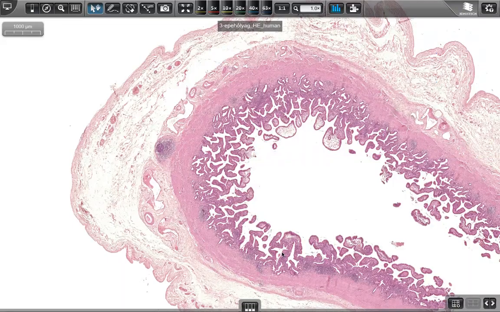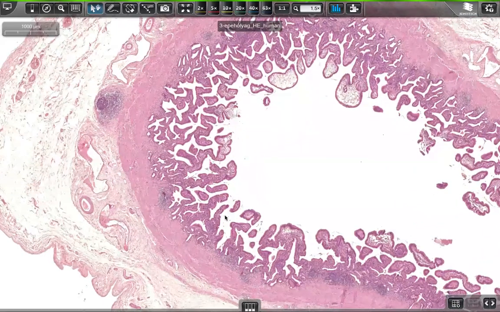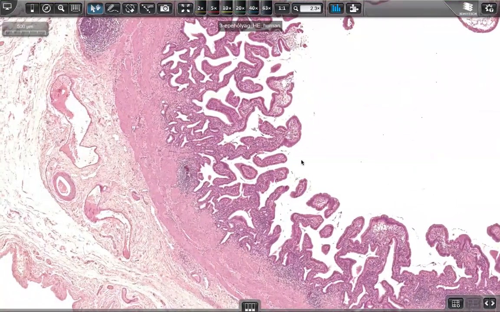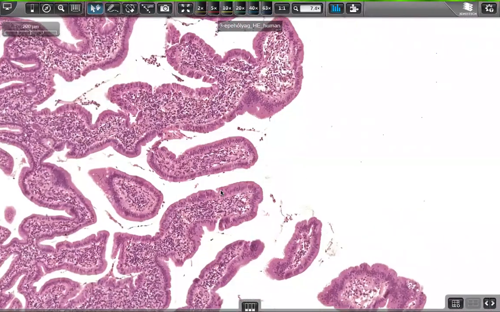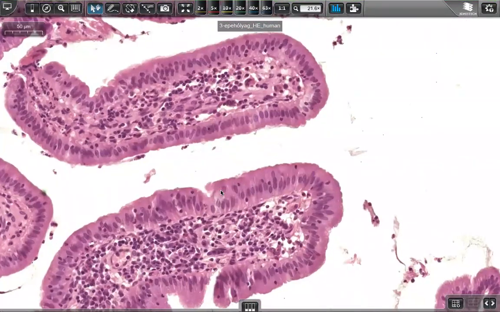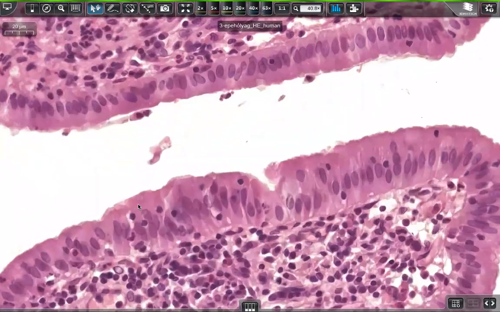When we are looking at the exact layers, let's see the lining epithelium. It's not unfamiliar to you because you studied the simple columnar epithelium on the internal surface of the gallbladder. So here we can see the simple columnar cells having microvilli.